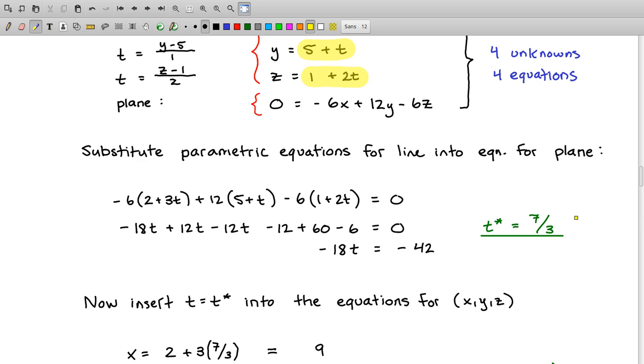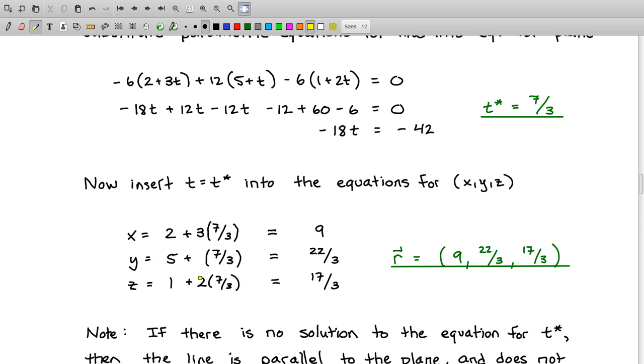All right, now the problem asks us to go a little further, not just find the value of the parameter, but find the location of the point. So how do we do that? We need to plug this value of t back into the parametric equations for the line to get the point of intersection. So we plug in t equals 7/3, and we get a point in space at which the line and plane occupy the same point.